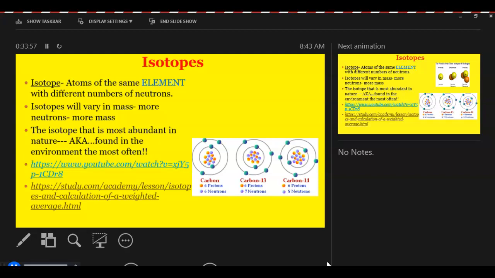Isotope symbol, okay? So I'm going to take the symbol for lithium, and right up here at the very top, I'm going to place the mass number, which is 6. And right on the bottom, I'm going to place the atomic number. So what's the atomic number for lithium?